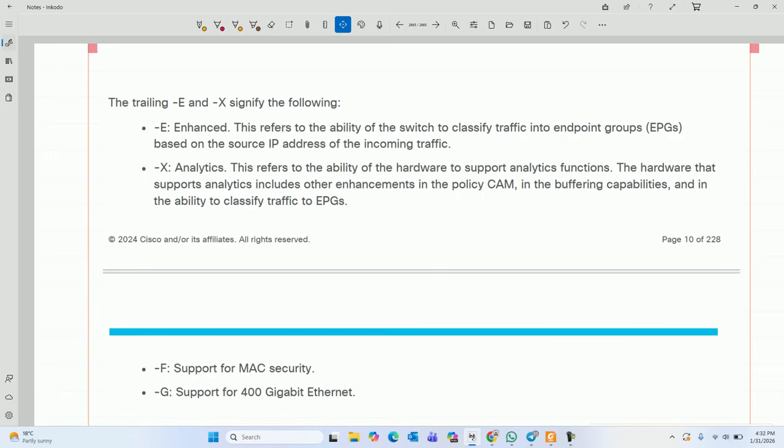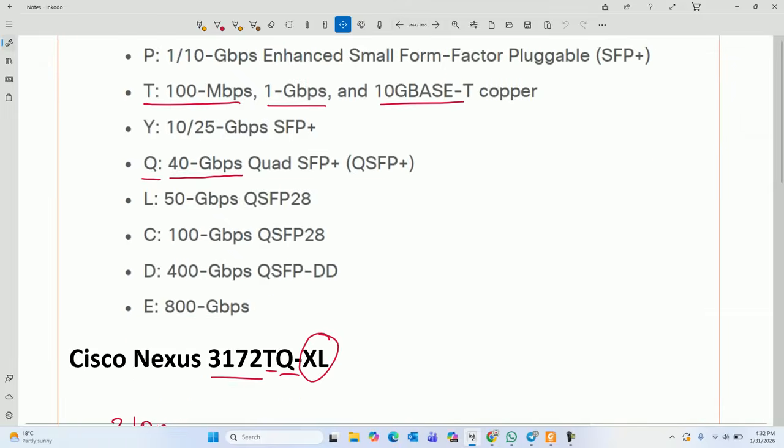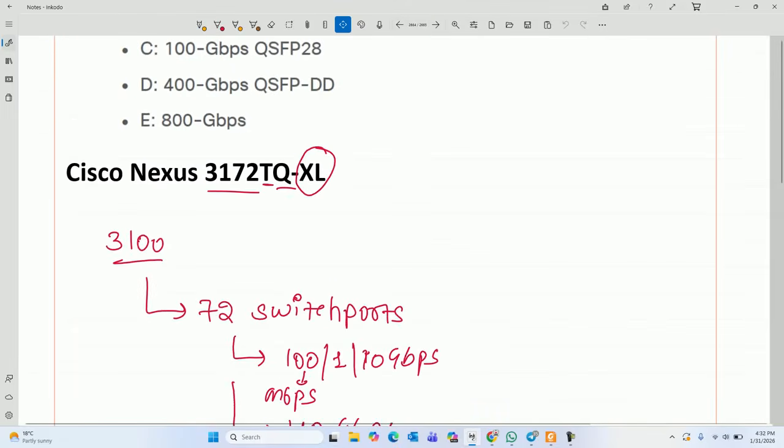Okay, so these are the options we have. And L stands for mainly suited for LAN networks.